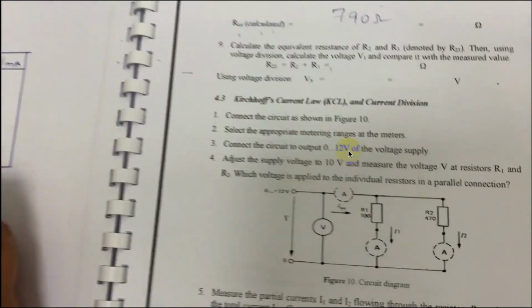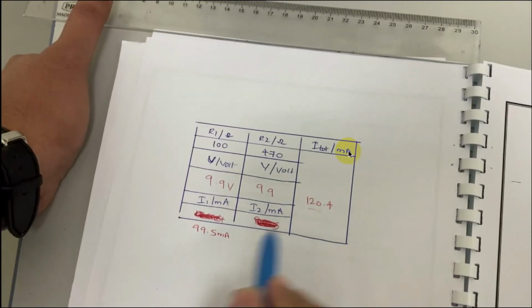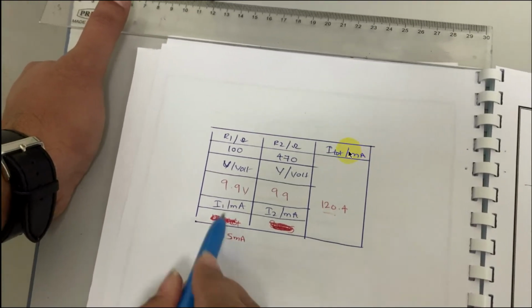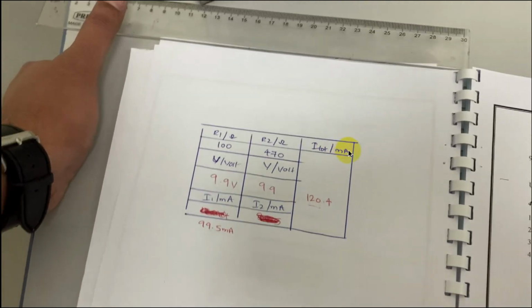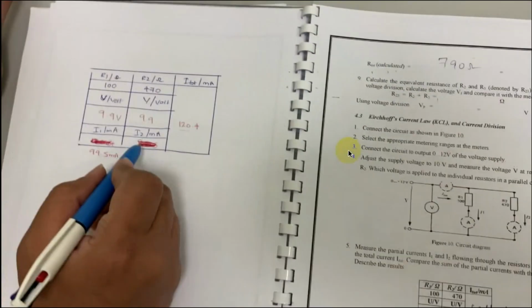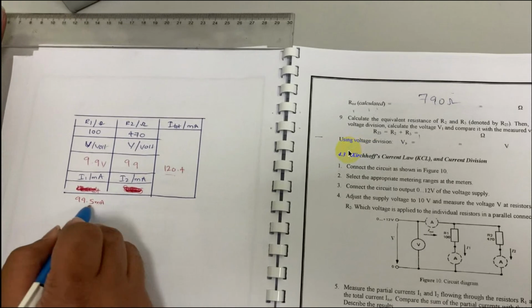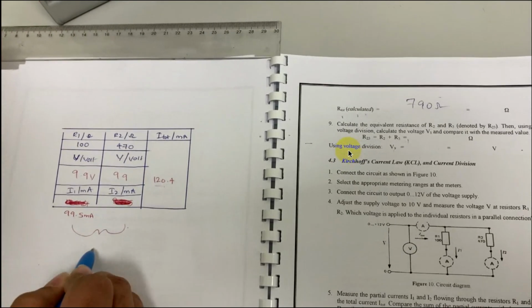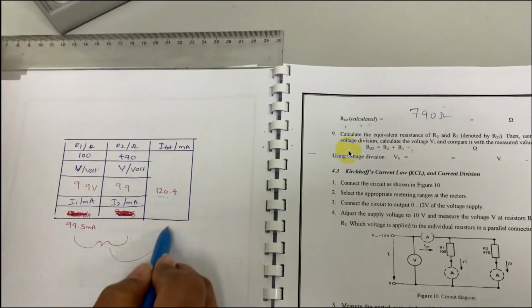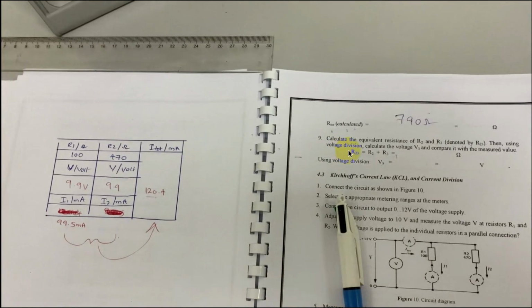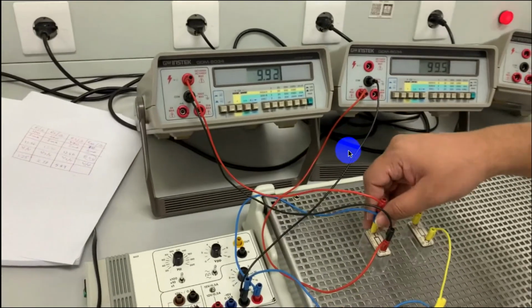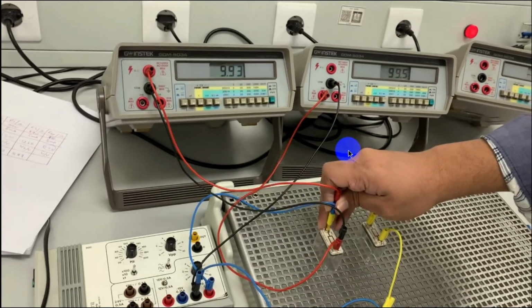Now I will short I total. This is I1. Now I will take the value of I2. This should be equal to this one. So let us write, just reconnect the circuit, remove it and swap it.